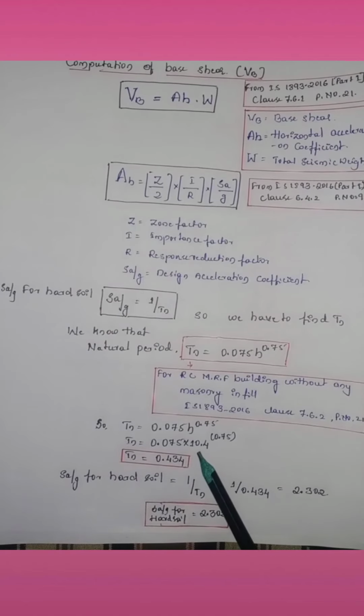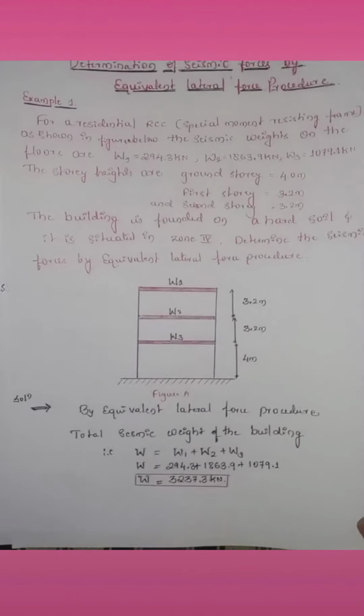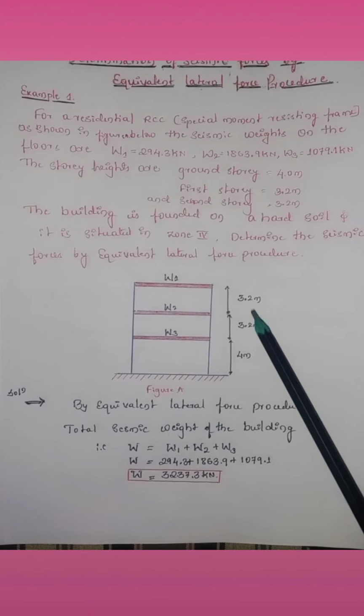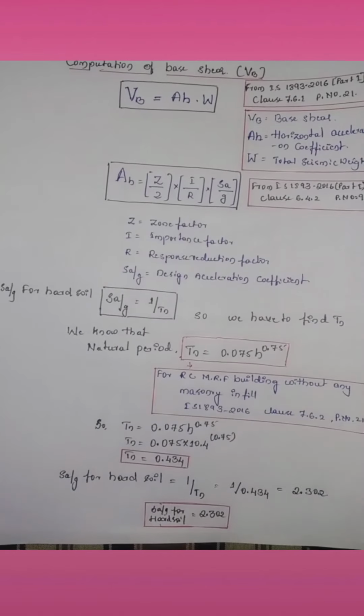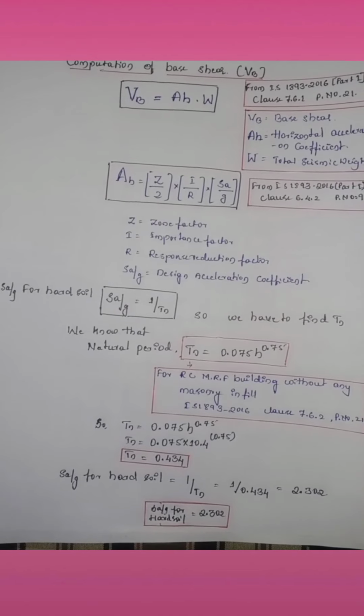That is 4 plus 3.2 plus 3.2, which comes to 10.4 meter. So the time period is equal to 0.434.